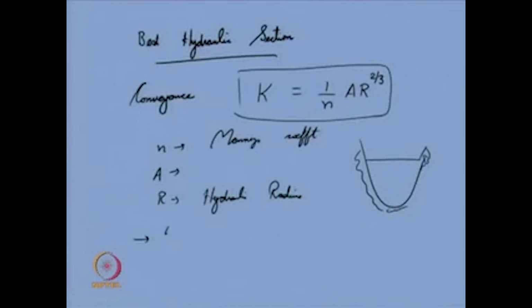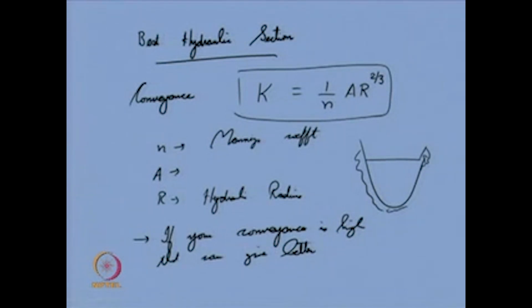So, that means if your conveyance is high for a given discharge, then that can give a better, more efficient cross section of the channel.